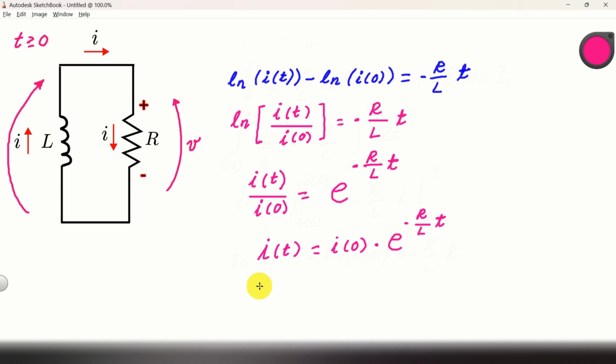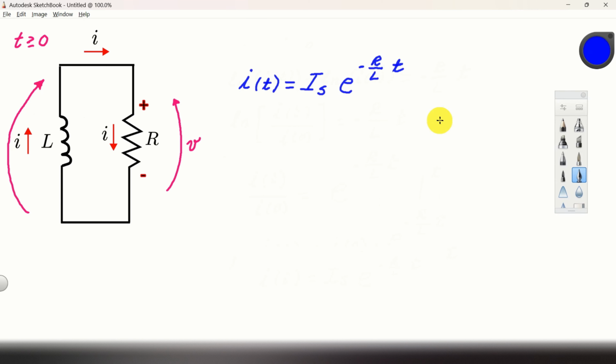Let us now substitute the initial condition. So we have I of t is equal to Is, since the initial condition is equal to Is, e to the power minus R over L t. And that's the final expression. Next, let's find the voltage.